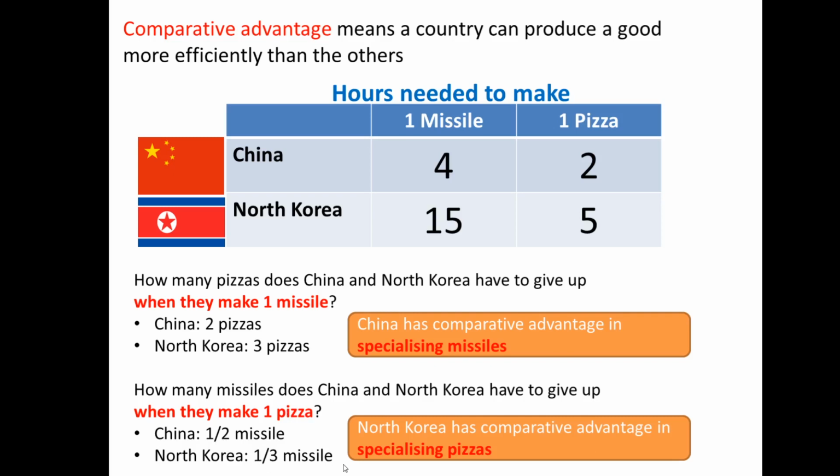But if you decide to trade, possibly you can get a cheaper price from China, sorry, I mixed that up. This one is for China. China right now has a higher cost when producing pizza, but if they decide to trade with North Korea, they can possibly get a cheaper price because for North Korea, the cost of producing one pizza is cheaper.